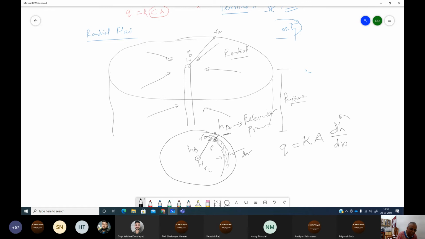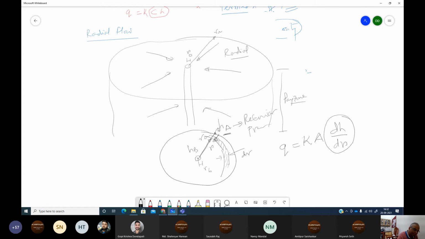Now here you can see the hydraulic gradient. I have not put the negative sign. The reason is here the hydraulic gradient is positive, because you see the r is also being measured from the low point to the higher point, the higher head point. So the direction of increasing H and the direction of increasing r is the same.